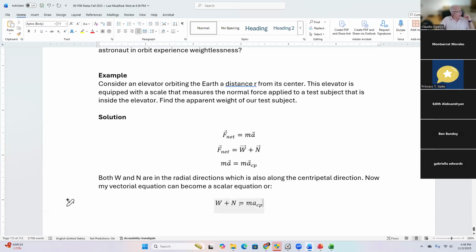Let's not forget that the centripetal acceleration is equal to v squared over r, right?